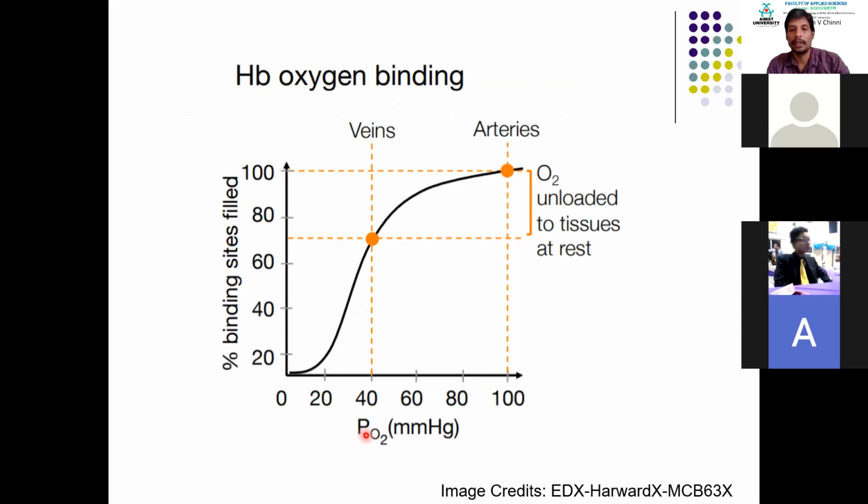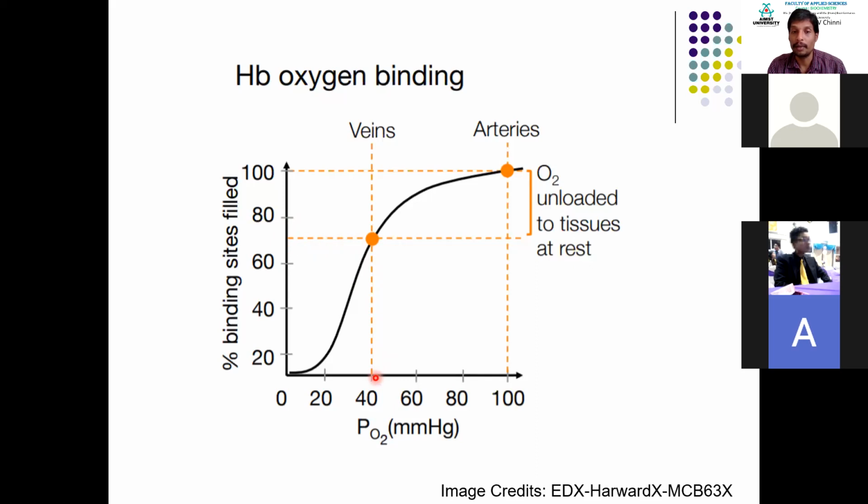When oxygen pressure differs from 0 to 100, what is the percentage of binding sites filled in the hemoglobin? For example, here you can see when the oxygen pressure is around 40, that is what you see in the tissues, right? In the tissues, oxygen is utilized, so oxygen availability is very low. When oxygen availability is very low, the binding sites filled in the hemoglobin are still 70%.